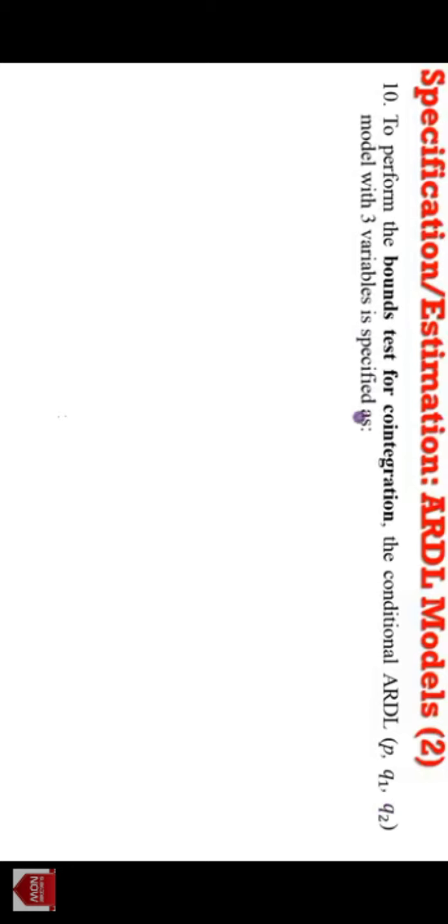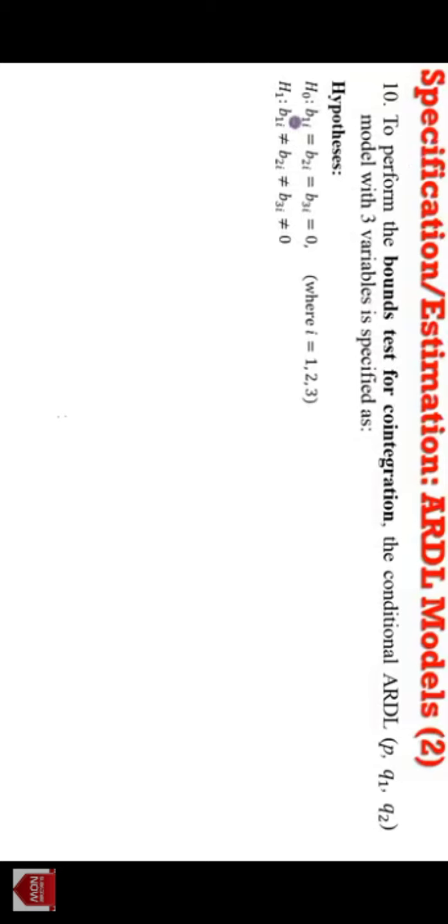So for you to run your bounds test, you have to specify your model in this way. But before I show you the model specification, this is the hypothesis for the bounds test. The null hypothesis says that the coefficients of the long-run equation are all equal to 0, and by that, it implies there is no cointegration, against the alternative that these coefficients are not equal to 0.